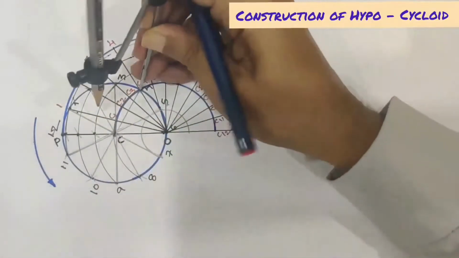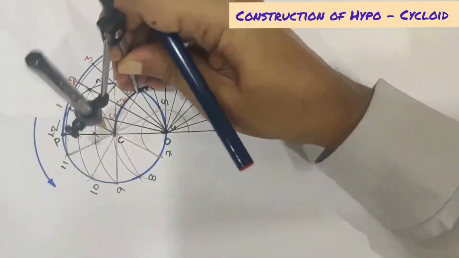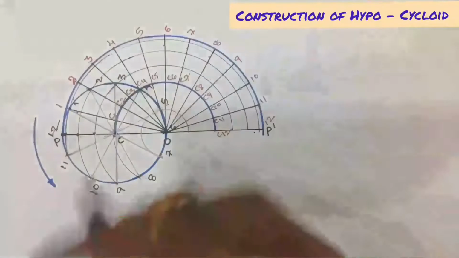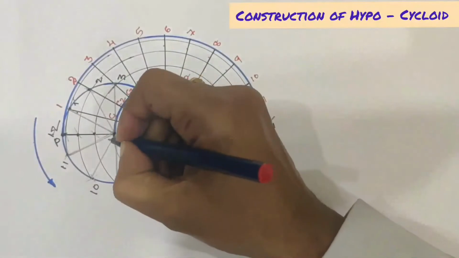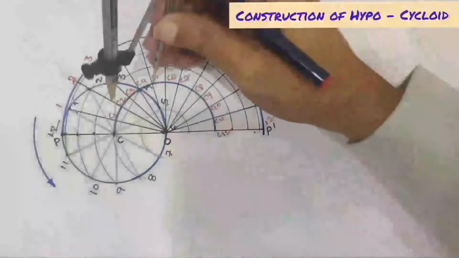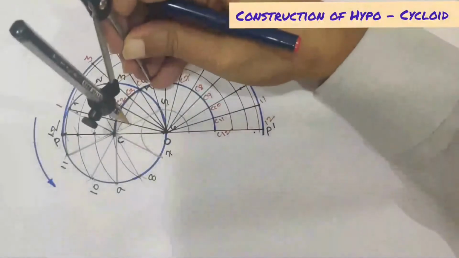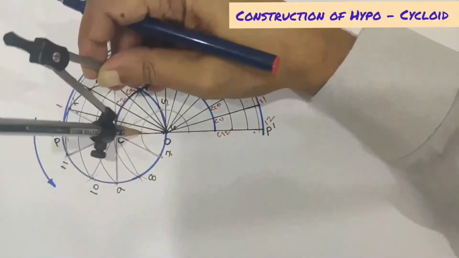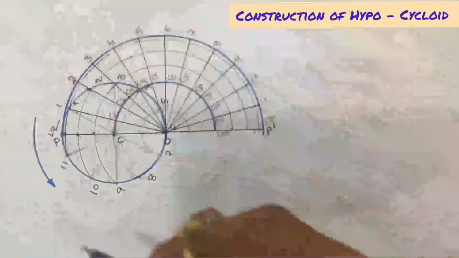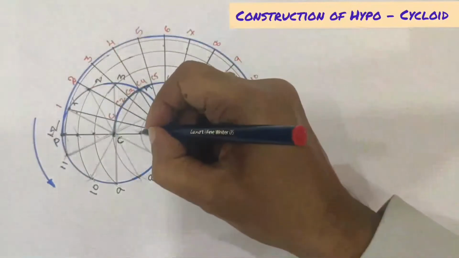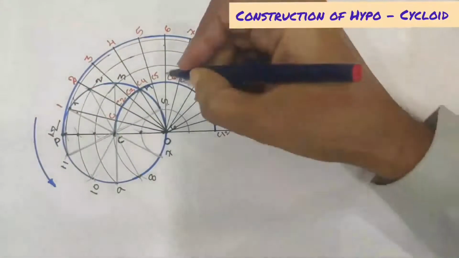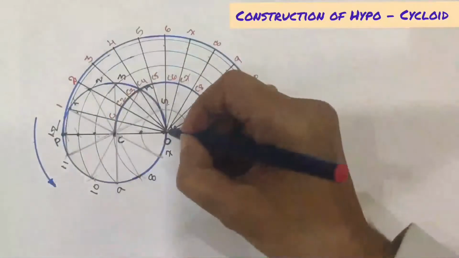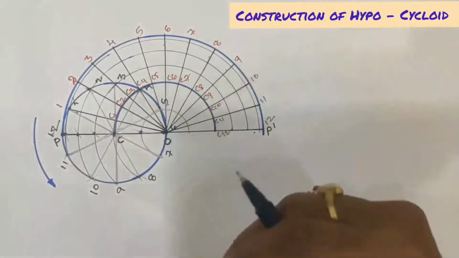Similarly, C4 as center and CP as radius, draw an arc, say P4, then C5 as center, CP as radius, draw an arc on the fifth division arc. We are getting here. Then C6 as center, we are getting point here, that is P6.